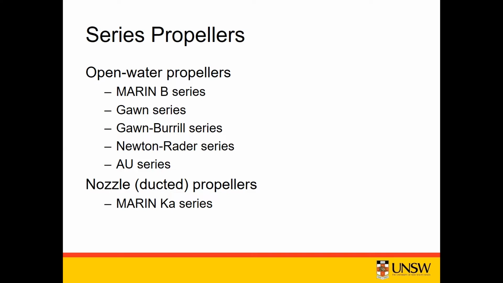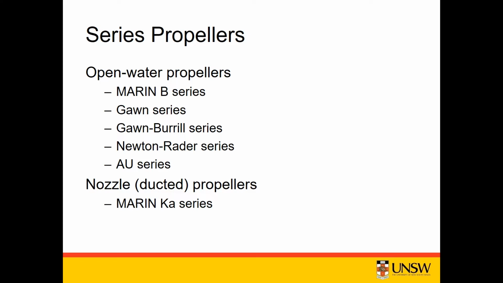That series was characterized by segmental sections for the whole of the blades, and they were based on oval, elliptical shaped blades. The Gawn-Burrill series in particular had cavitation data prepared for it.